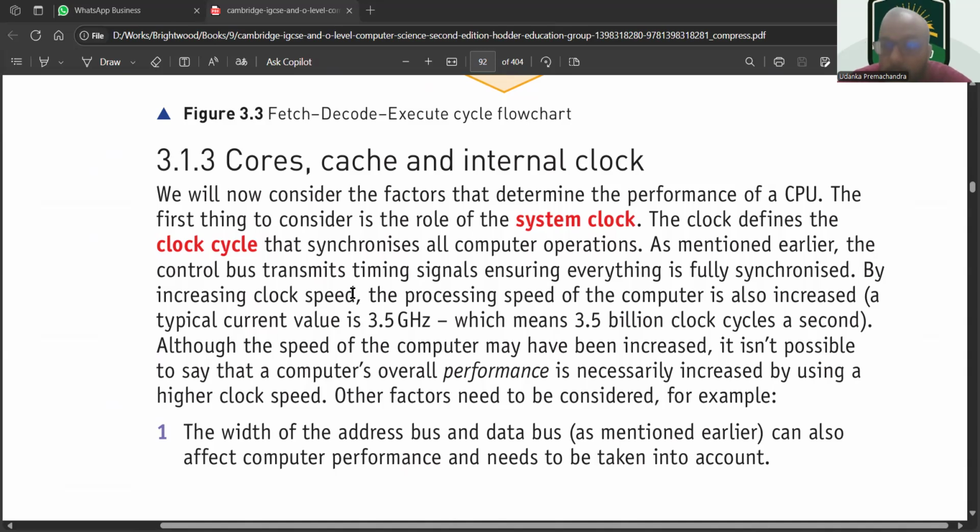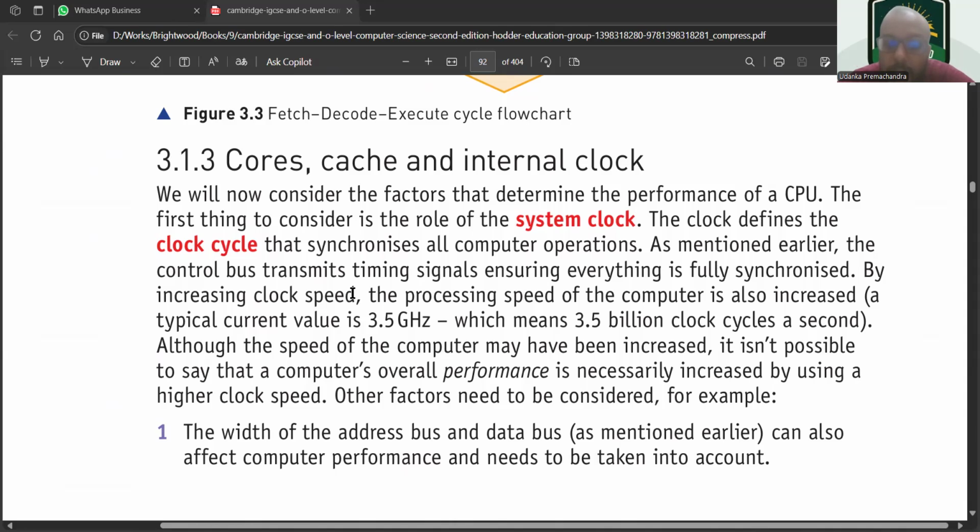As we discussed last day, when the clock speed increases, the computer's processing speed can increase. For example, 3.5 gigahertz means 3.5 billion clock cycles per second. But it isn't possible to say that the computer's overall performance is necessarily increased by using a higher clock speed.